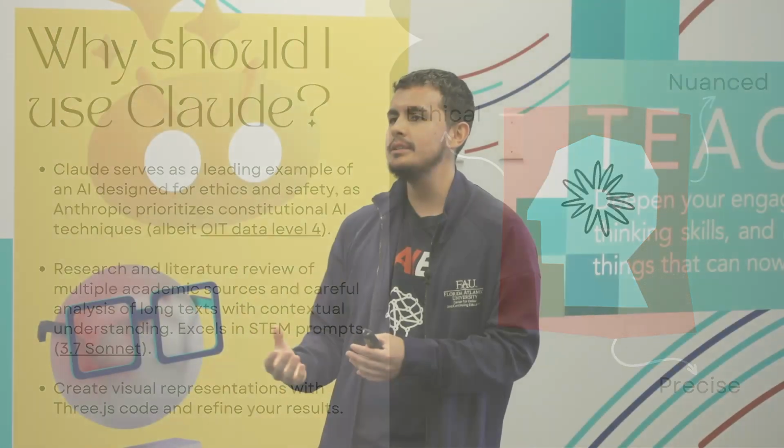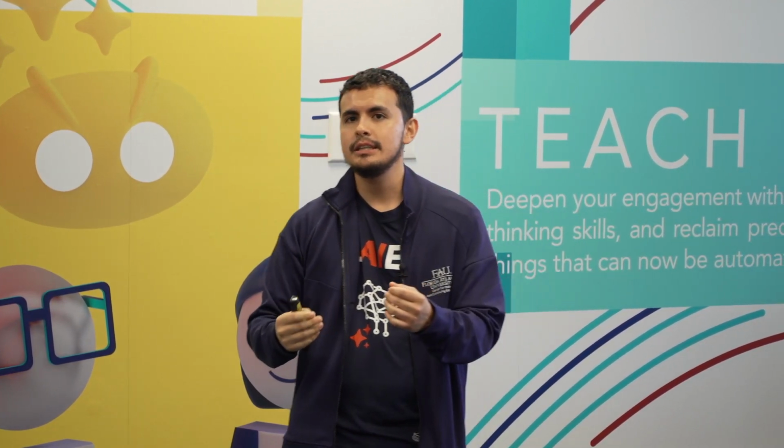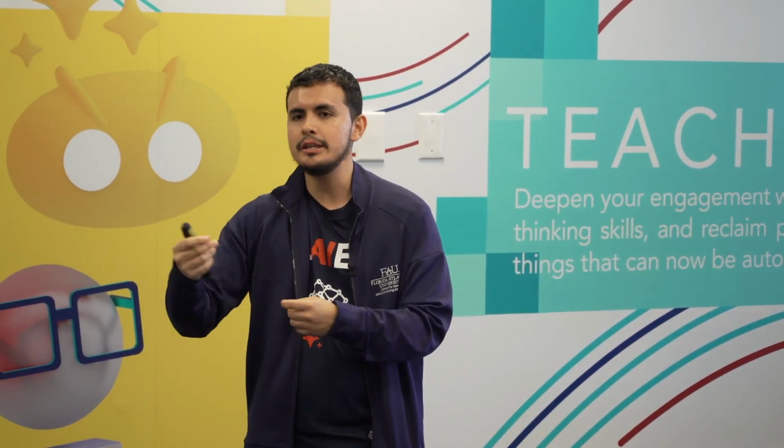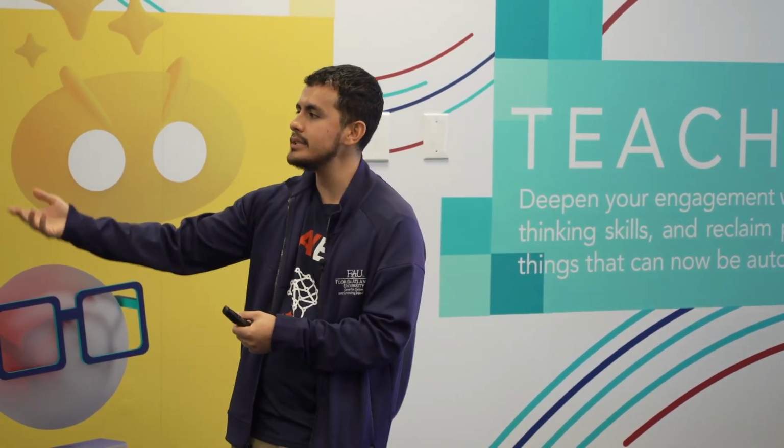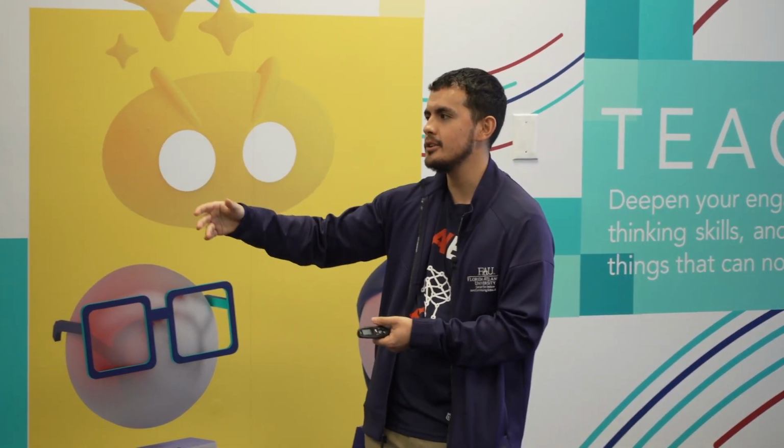What that means is you're able to upload around 500 pages of text, which translates to about 100 images. And Claude will analyze all that information, and whatever input prompt you give it, it'll analyze all of that. It also excels in STEM prompts, so we'll see how we can use it particularly in coding.